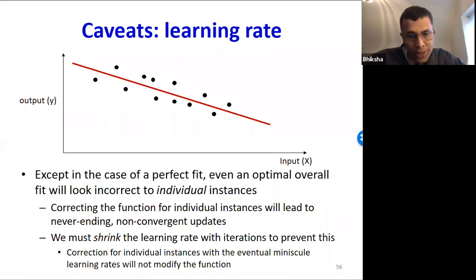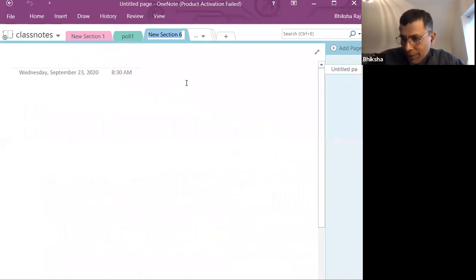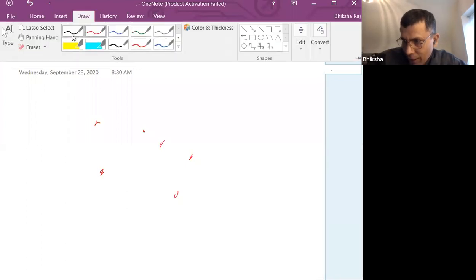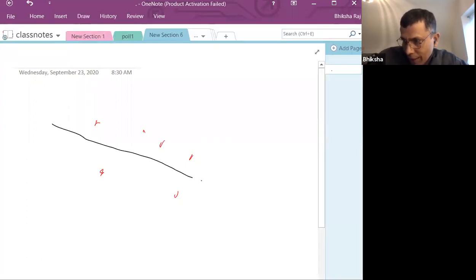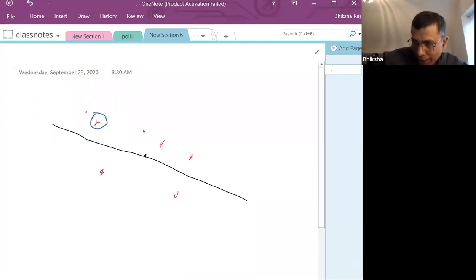But then if I were to be looking at stochastic gradients and say looking at one instance at a time, so I've got all of these points, and I have my line here, that's my ideal line, right? Even if I start with the ideal line, when I'm going through stochastic gradients, let's say consider this one initially, what will happen to the line? This line is wrong for this point, right?